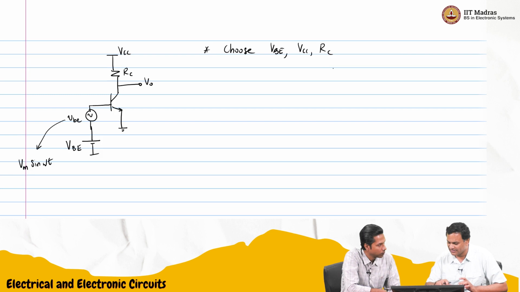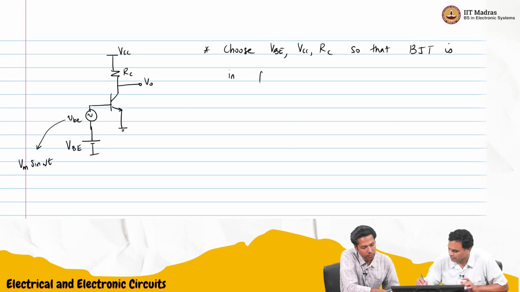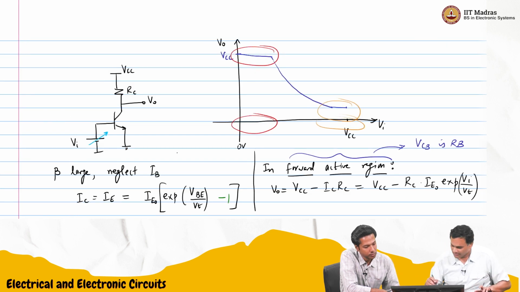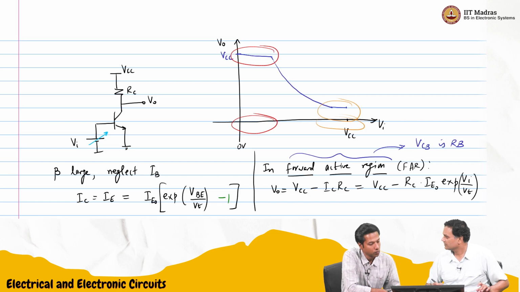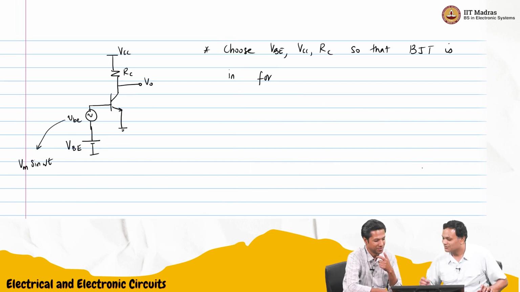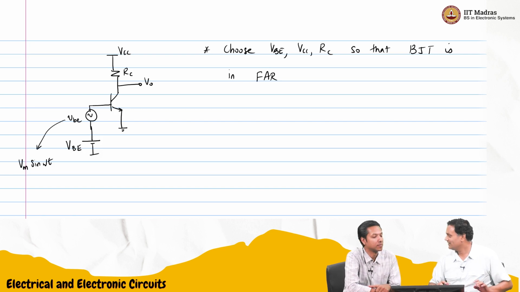These are the three things that we have to choose. So BJT, I'm just going to call this FAR. I'm getting tired of writing forward active out fully. This is a precondition.